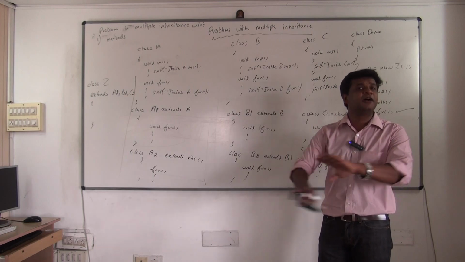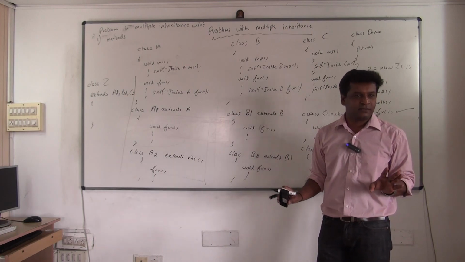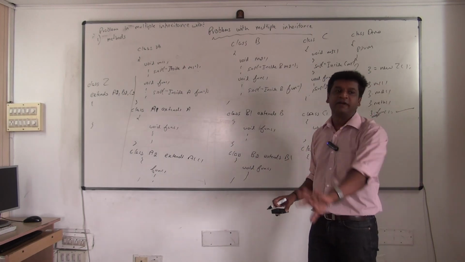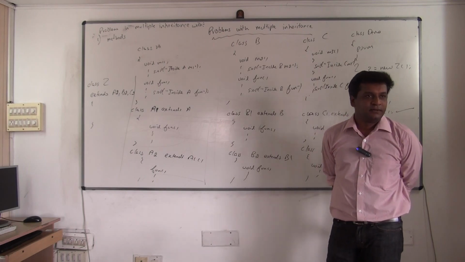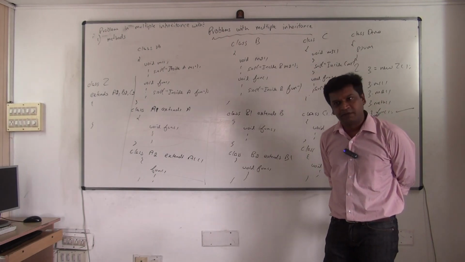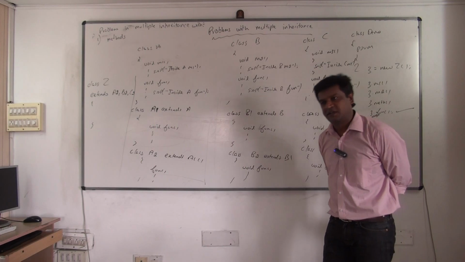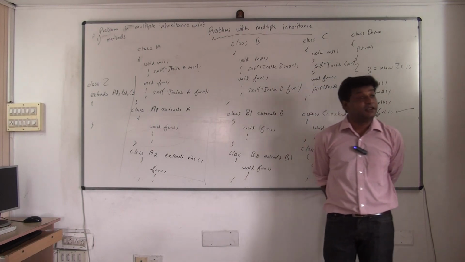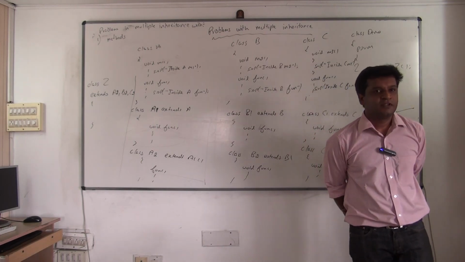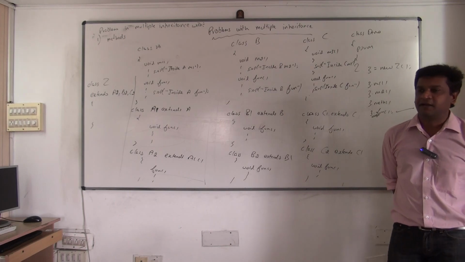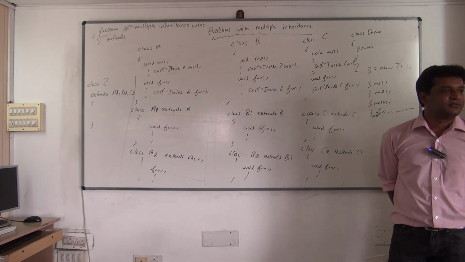So you will not have any doubt which one is getting executed. Wherever you go, the same method gets executed. Whether you call a.fun, b.fun, c.fun, d.fun or z.fun, it's the same method. There's no confusion. It's neat and clear which fun is getting executed.